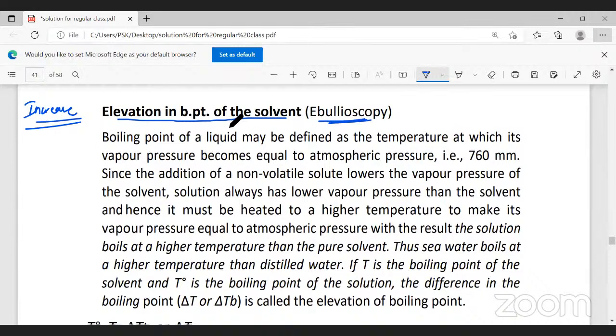What is this elevation in boiling point? We will define it a little later. First, we will try to understand what is boiling point. How do you define boiling point?